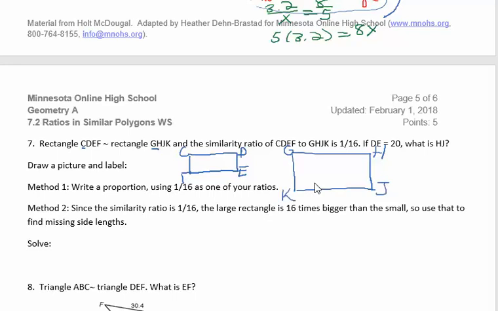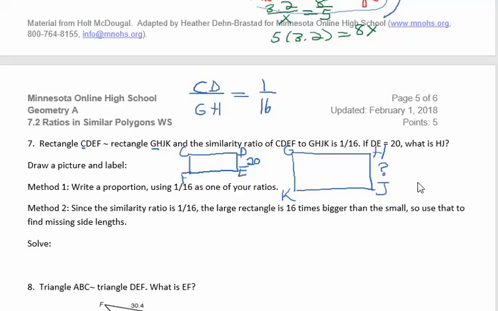All right, let's see what else we know. I know that the similarity ratio of CDEF to GHJK is 1 to 16. That means that CD over GH is equal to 1/16. That's the similarity ratio. If DE is 20, what is HJ? So I already know that side CD over side GH is equal to 1/16, and we also know that DE over HJ will be equal to that.